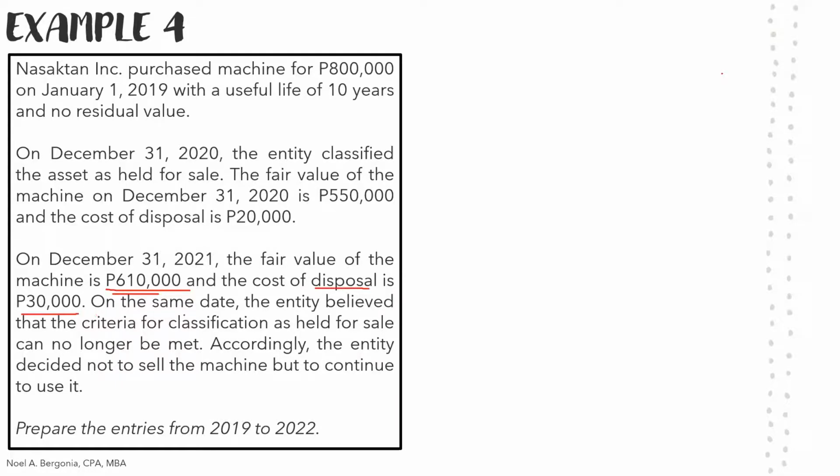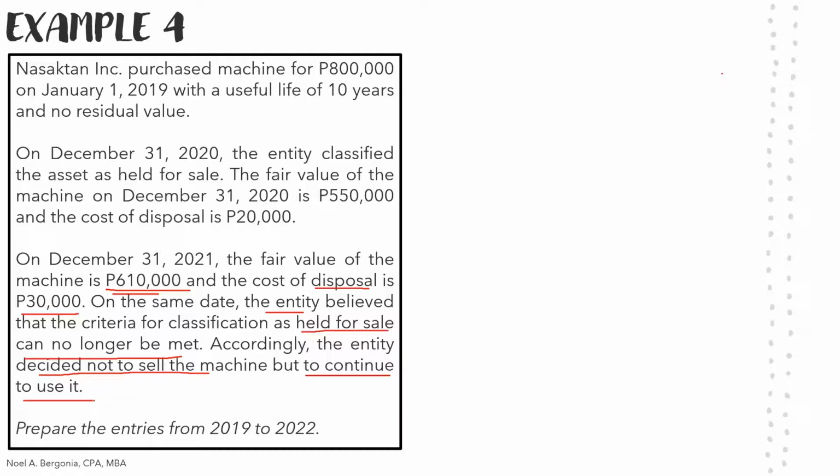Okay? And on the same date, the entity believed that the criteria for classification as held for sale can no longer be met. So, explicit naman na sinabi dito that we cannot meet already the requirements, thus we should revert it back to the machine, no? Accordingly, the entity decided not to sell it but to continue to use it. Okay, so ibalik natin siya sa machine.